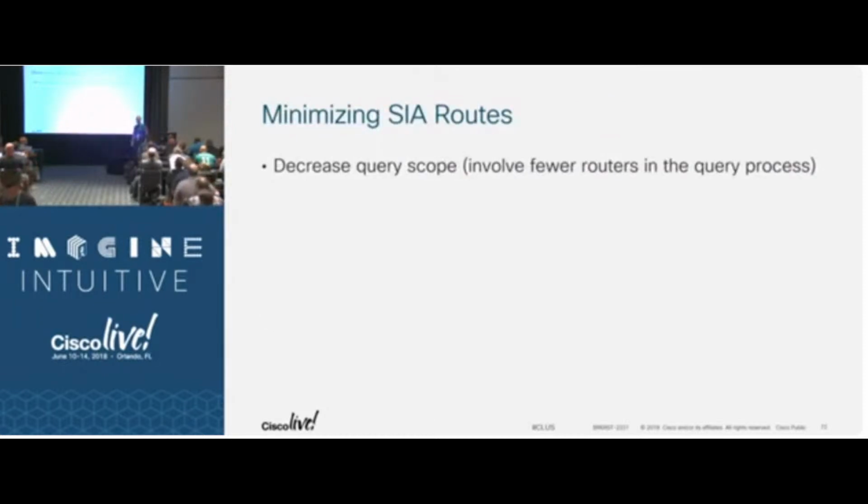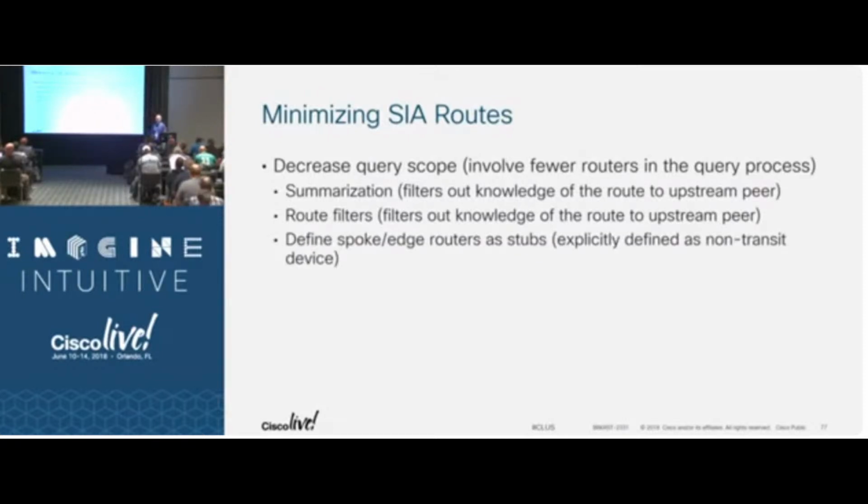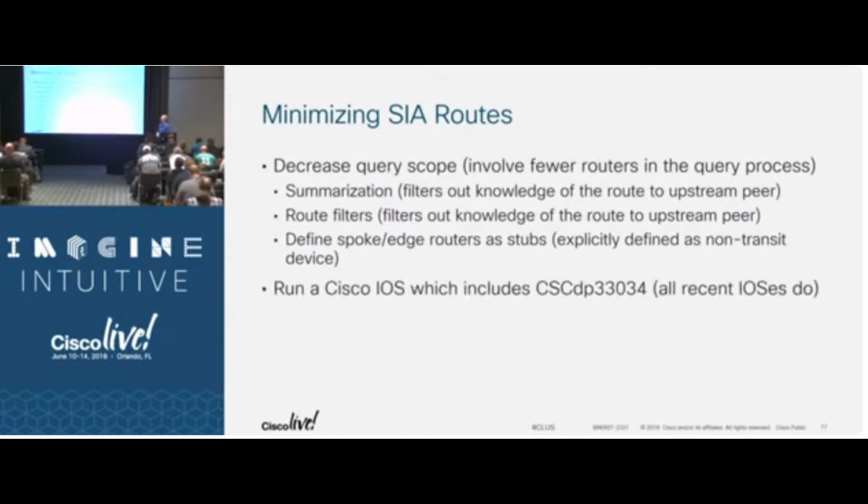How to minimize the possibility? Summarize, summarize, summarize. Whenever possible, this is the most helpful and most useful thing in EIGRP to do. If you also can do filtering, please do that as well. If you can, use the EIGRP stub feature. Please do that as well. This is a wonderful improvement to EIGRP scalability.